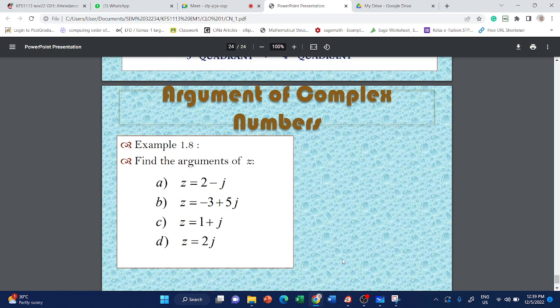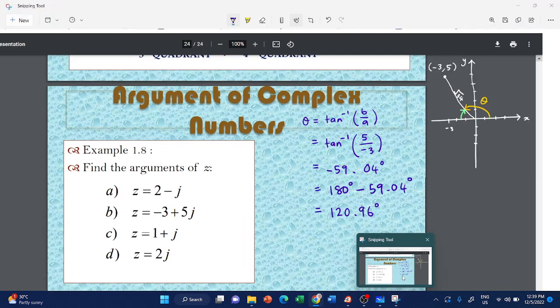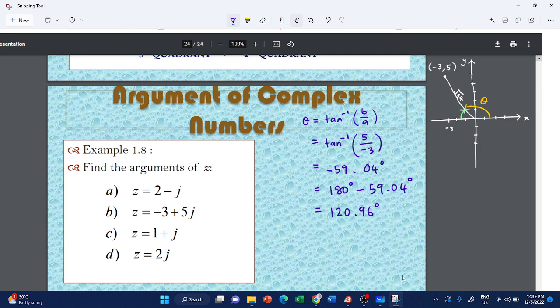The angle will be 0 because the y value is 0. Which quadrant does it lie on? If we mark the point, where is it? Not this pink one. Yes. The radius is 2, because the distance from the origin is 2.